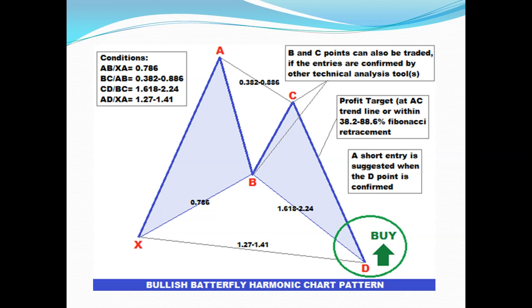Conditions here: AB equal to 0.786 of XA, BC is 0.382 to 0.886 of AB, CD is 1.618 to 2.24 of BC, AD is 1.27 to 1.41 of XA. So profit you can book at the D point. Short entry is suggested when D point is confirmed.